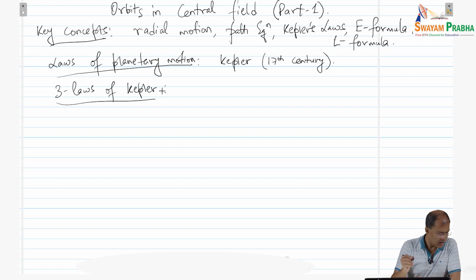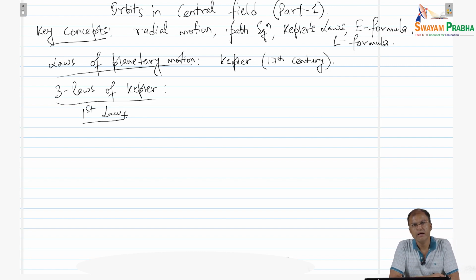The three laws of Kepler were, so the first law was that each planet moves in a bounded elliptical orbit, right, with the sun at one of the foci of the ellipse.